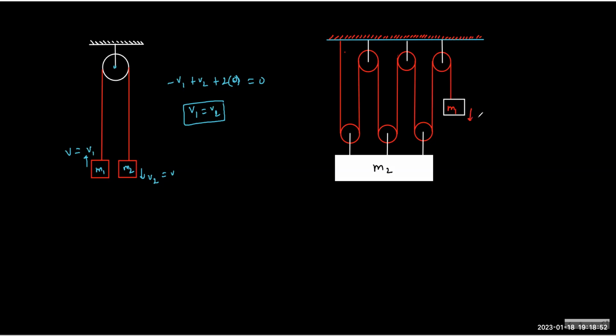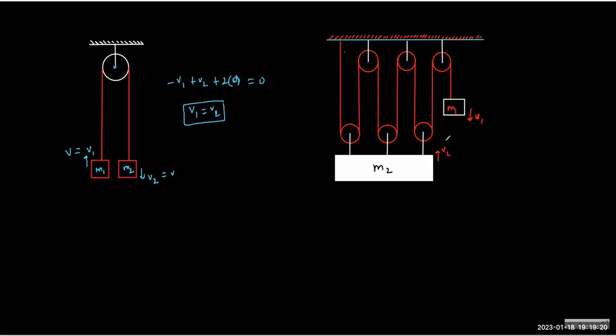Assume M1 is going down, M2 going up. Can you correlate? And you can do it mentally. I mean, it's so easy. Move it organically, move one of them and see what can be done.